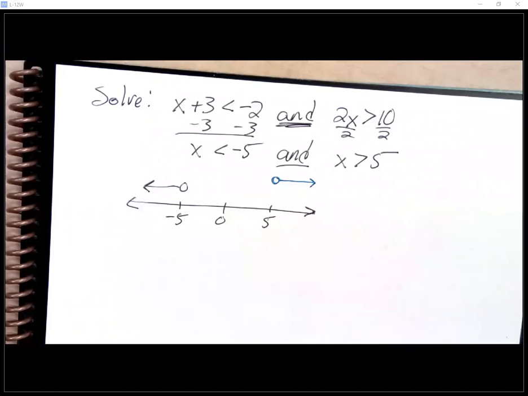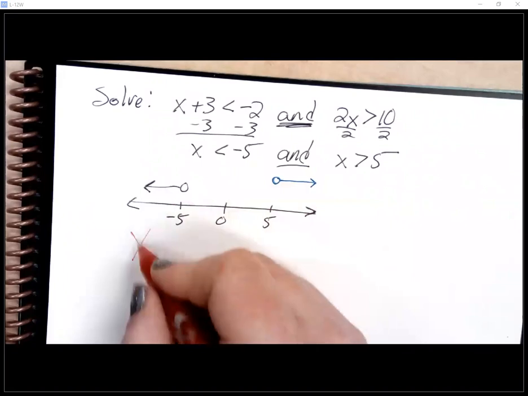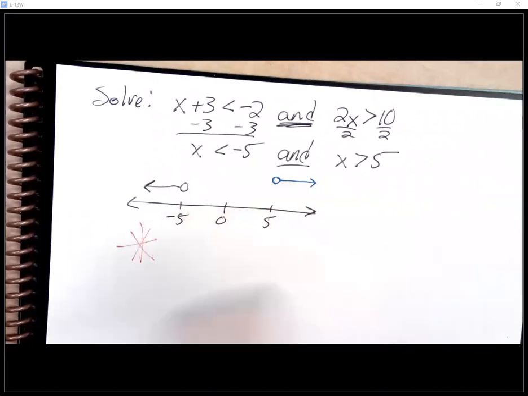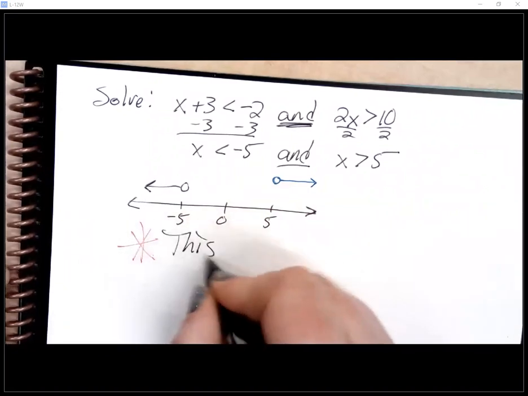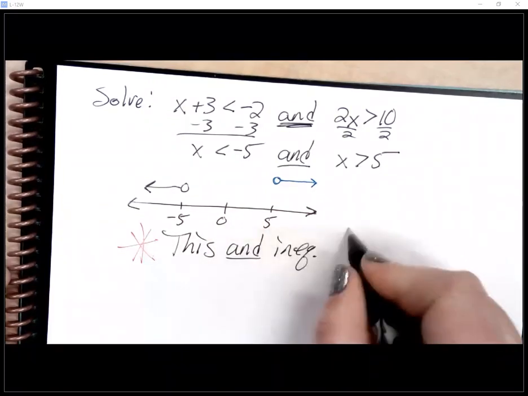If this is an and inequality, which it is, there's nothing I can do with this. So that's not the answer, right? Those are them separately. So I'm going to say this and inequality has no solution.